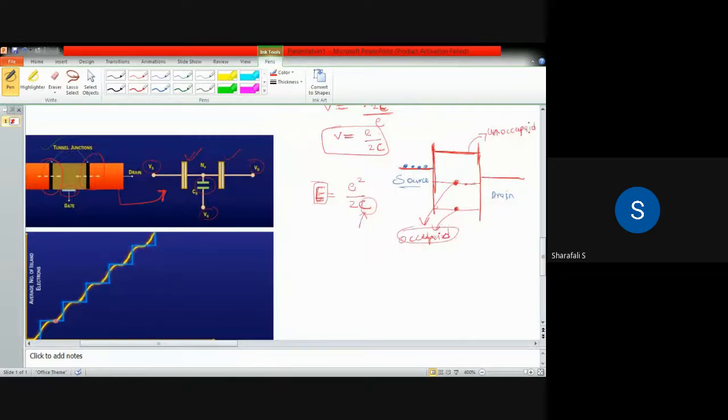But these electrons cannot jump to this energy level because they do not have that much energy. The energy of the electrons in the source is less than the energy level in the quantum dot. This separation is the Coulombic blockade, which is nothing but E square by 2c. So the electron should have this much energy to get into this energy level.